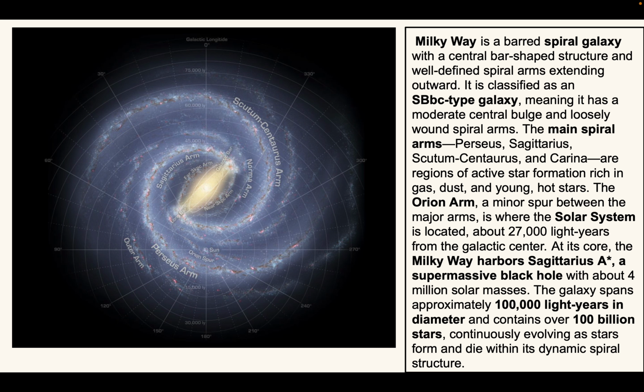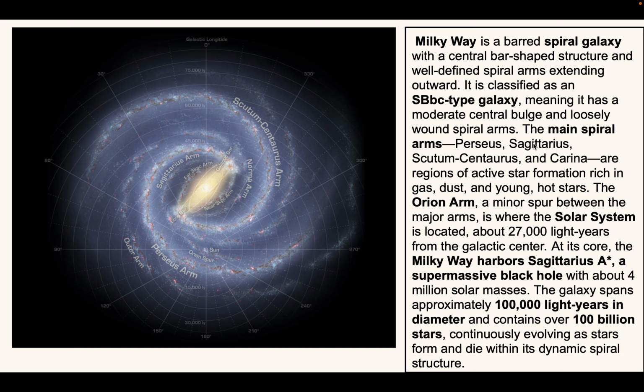Our Milky Way is a barred spiral galaxy having a central bar-shaped structure and well-defined spiral arms extending outward. Our galaxy is classified as the SBbc type galaxy, meaning that it has a moderate central bulge and loosely wound spiral arms.